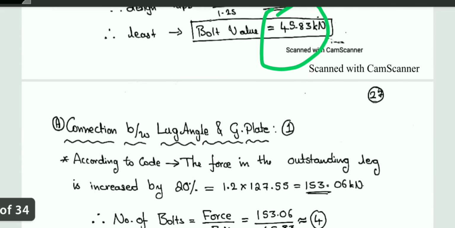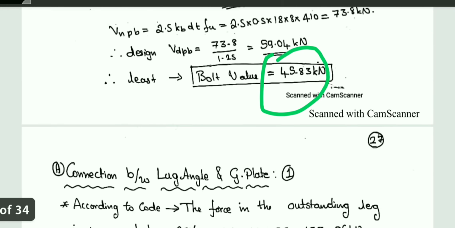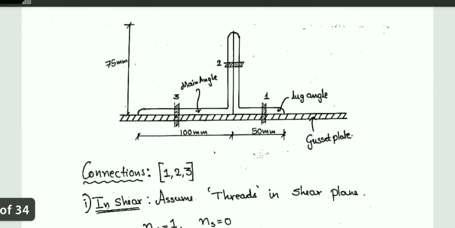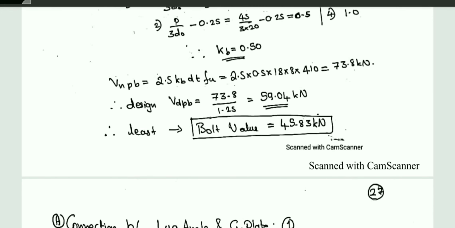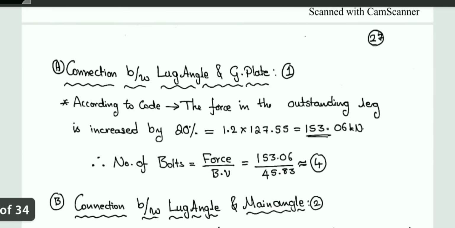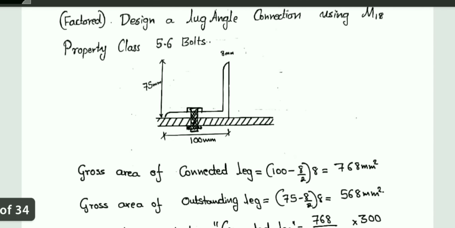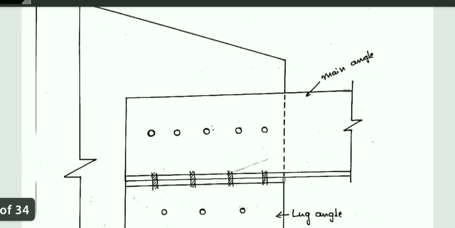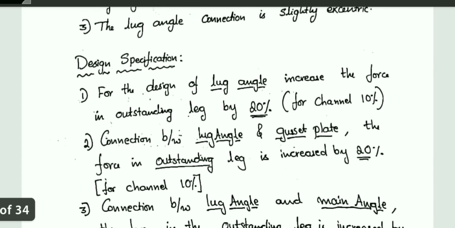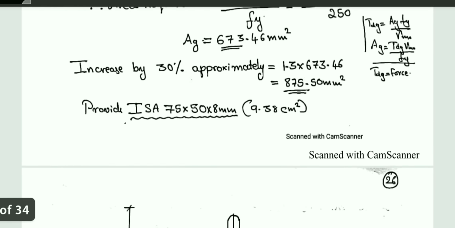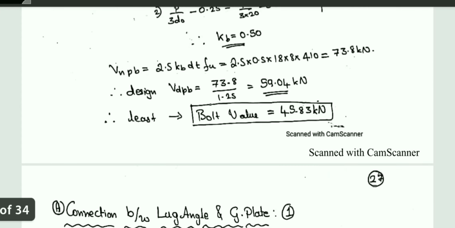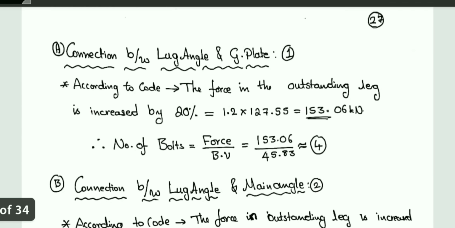So let us go for the connections now. First connection between lug angle and gusset plate. Okay, this connection, lug angle and gusset plate. As per code, it is specified that you need to increase the outstanding leg force by 20%, that is 127.